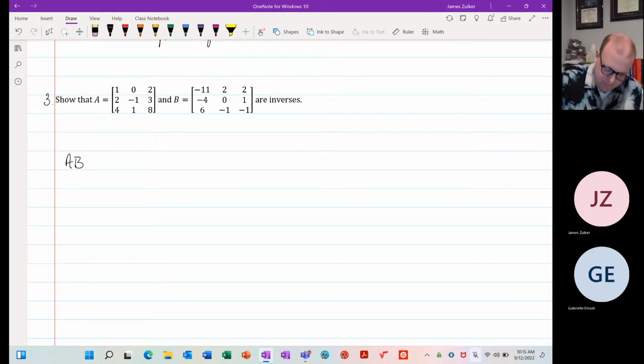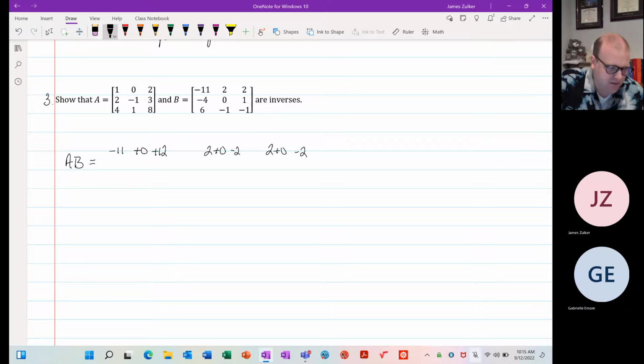So let's start with A times B. Row 1, column 1: -11 plus 0 plus 12. Row 1, column 2: 2 plus 0 minus 2. Row 1, column 3: 2 plus 0 minus 2.